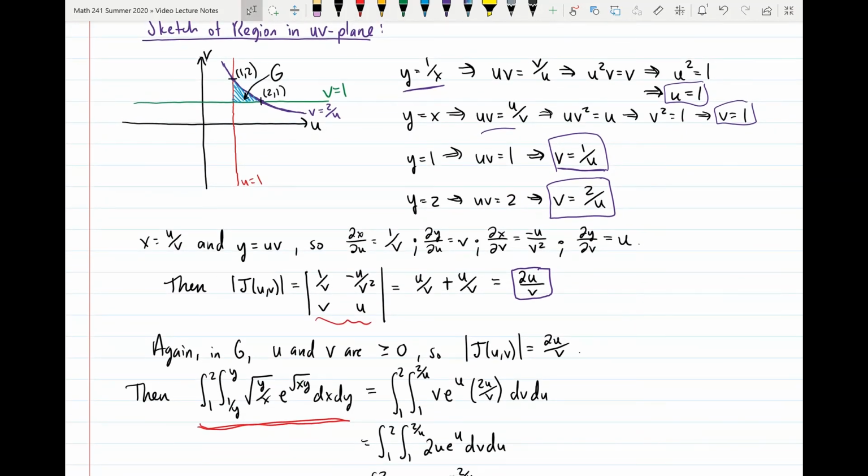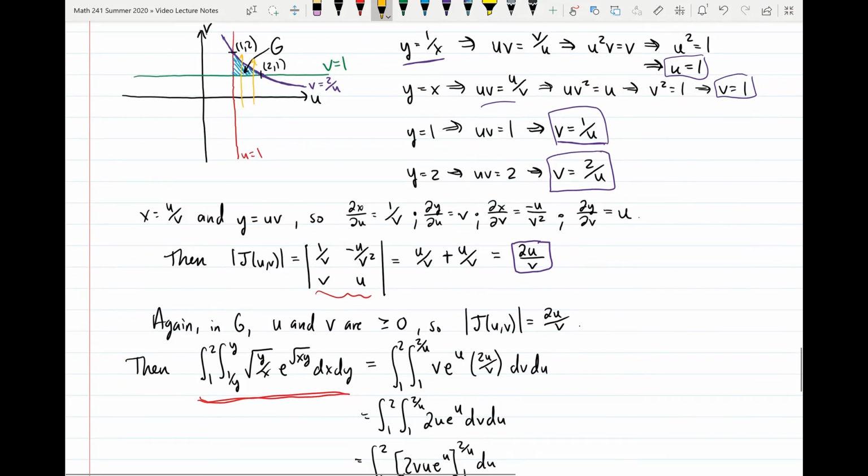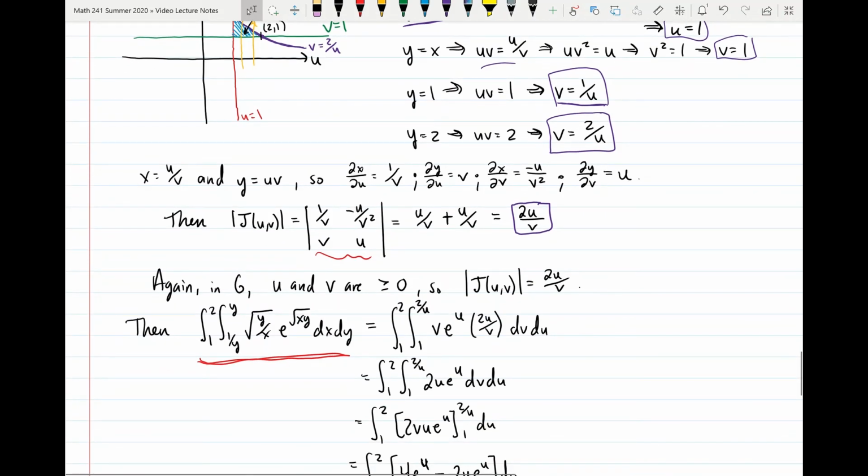So to find the limits of integration for v, we can draw lines that go up through our region like this and determine when those lines are entering the region G and when they're leaving. So they're entering along v equals 1 and they're exiting along v equals 2 over u. So that gives us our limits of integration for v.